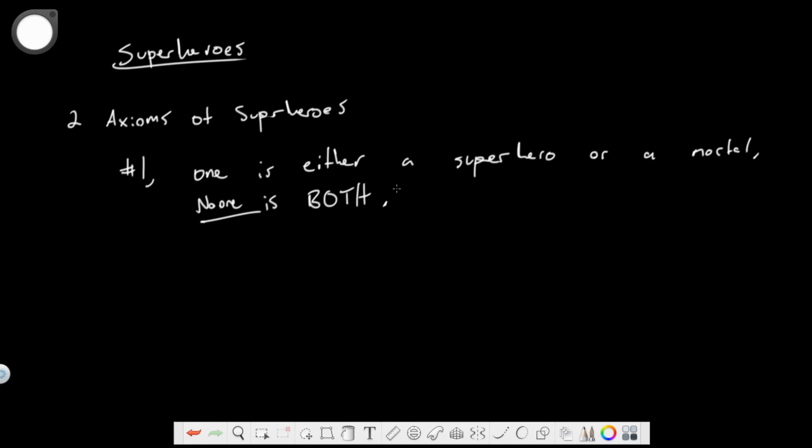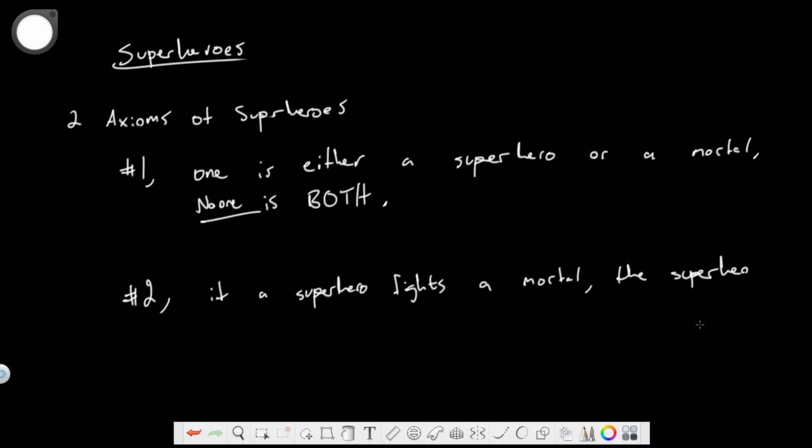Right, that's one of our axioms of superheroes. I mean, just think about it. No one's both. And number 2, if a superhero fights a mortal, the superhero wins. Every time. All right, I know there's some movies out there.